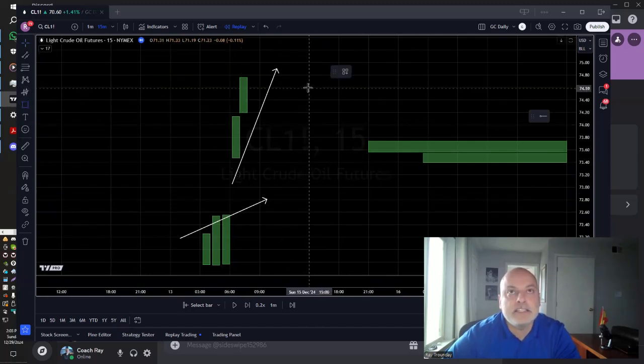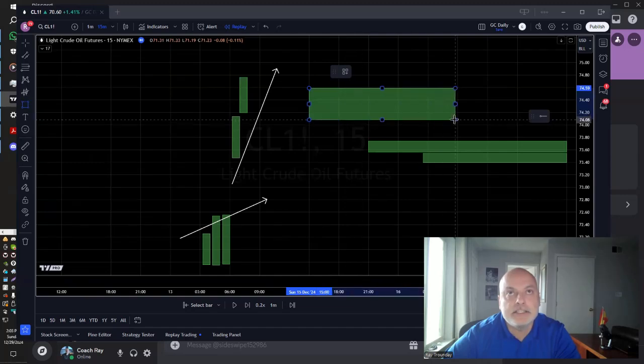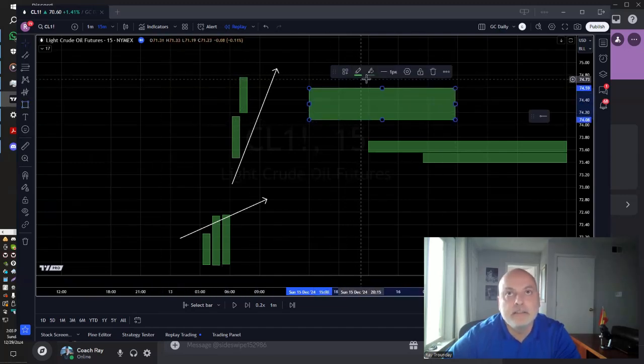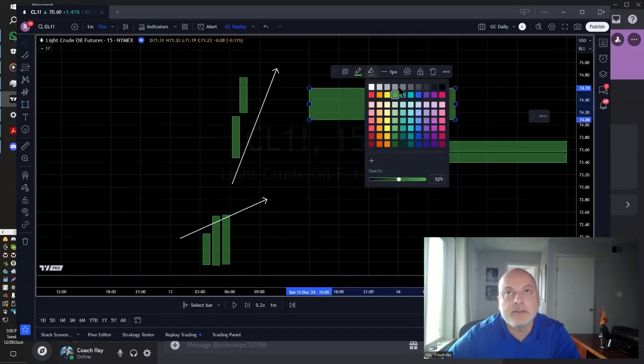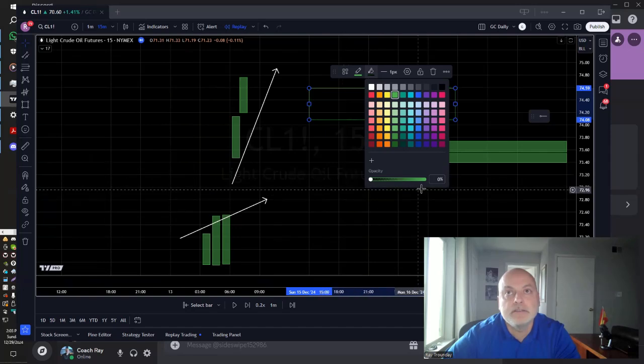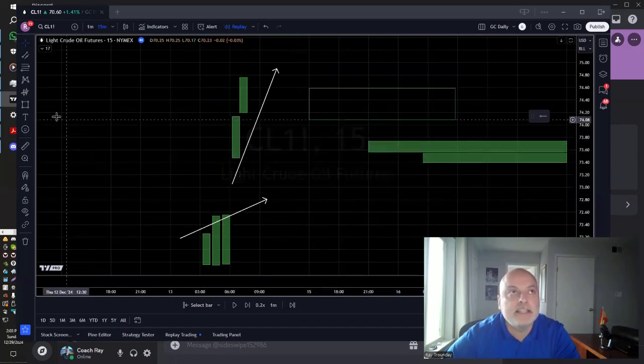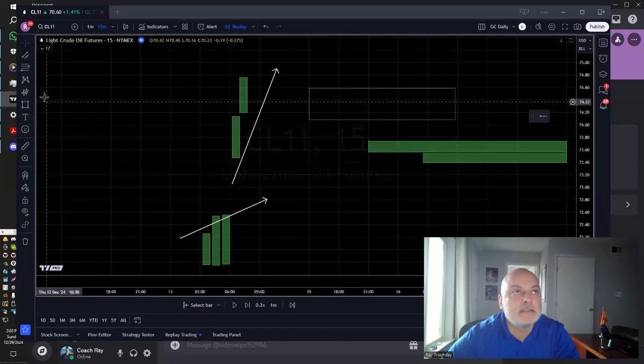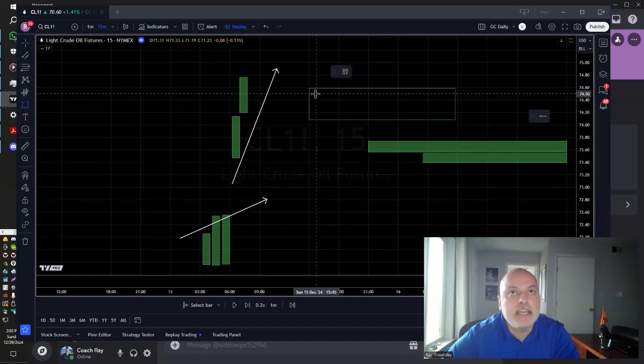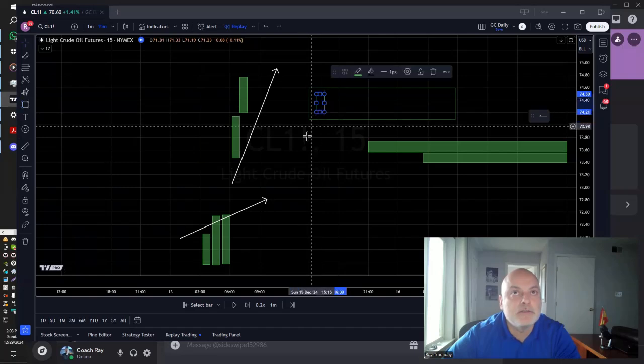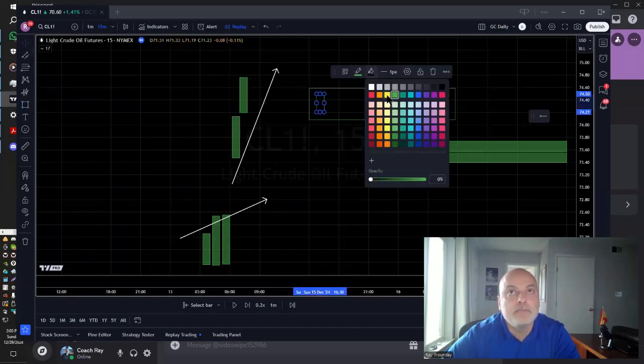If we, let's say, had a consolidation range, and I'm going to go ahead and clear this out here, not in any particular color. Let's see if we can make this transparent. Okay. Let's say that we had price somewhat contained in a range.